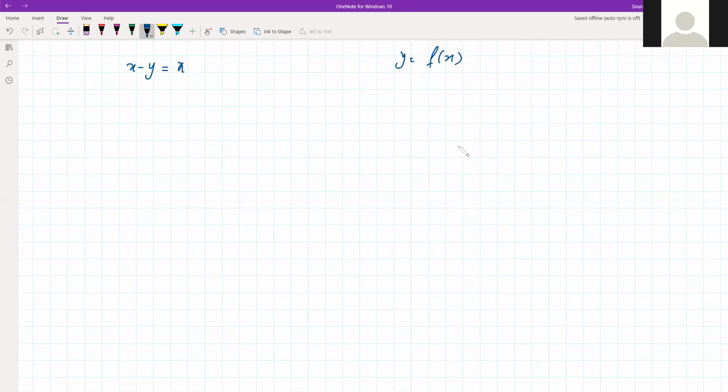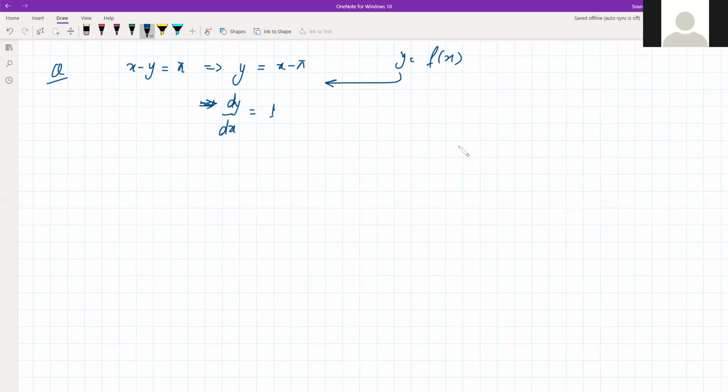Now again, solving this is easy. I can still write it in that form, that is y is equals to x minus pi. So now I have this function in this form, that is y is equals to f of x. And now if I have to find dy by dx, that is just dy by dx of x minus pi, that is 1.